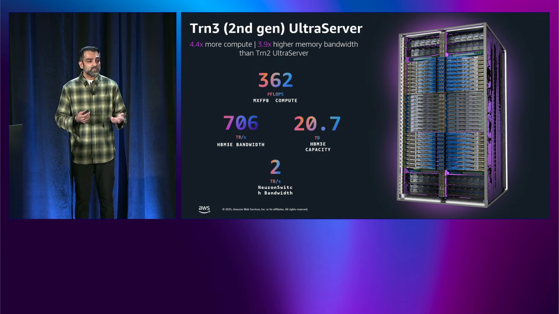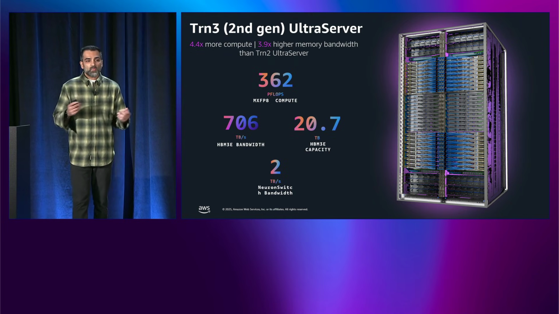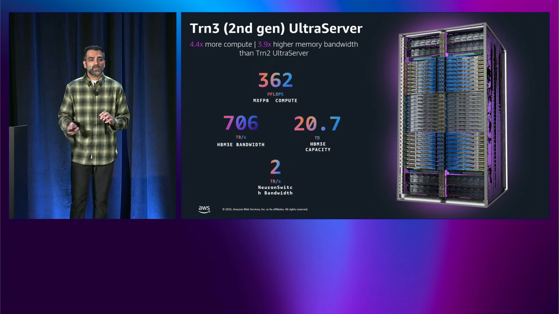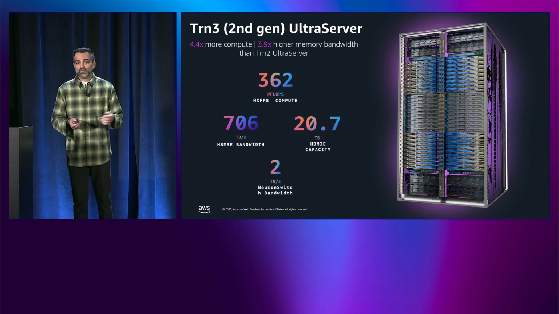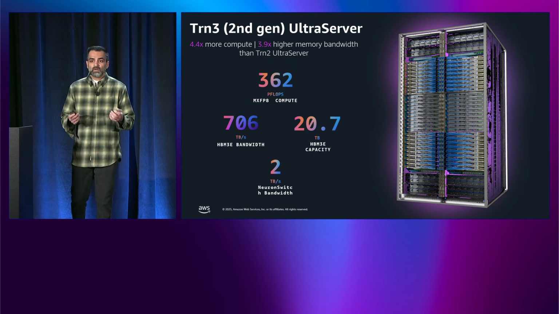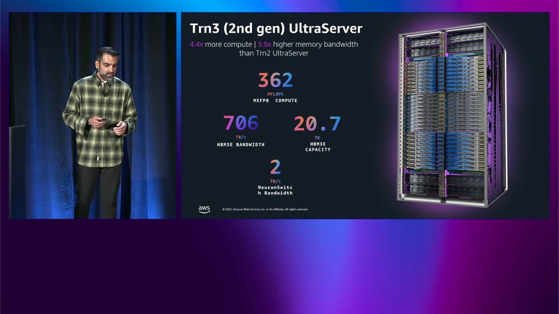And this is especially important as we're moving into these more complex AI workloads. We're using multiple models together to make your final end output. And so it allows you to scale, let's say, for example, large MOE models very efficiently across all of these chips in extremely low latency.